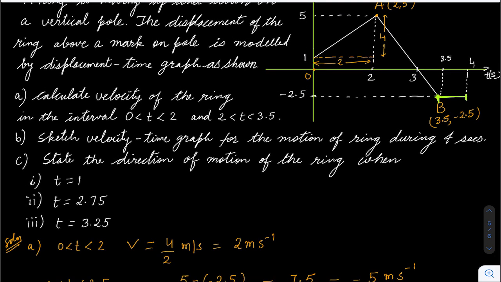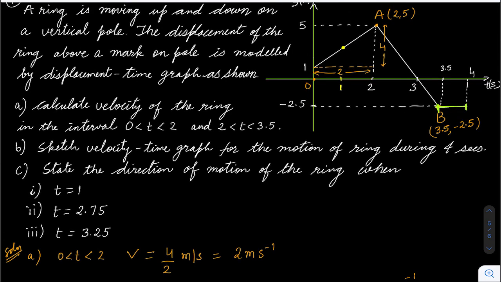So time t equal to 1 is somewhere here, right? At 1 second, obviously velocity is positive. So we can say the motion of the ring is upwards, because velocity is positive. What's happening at 2.75? 2.75 is somewhere here.